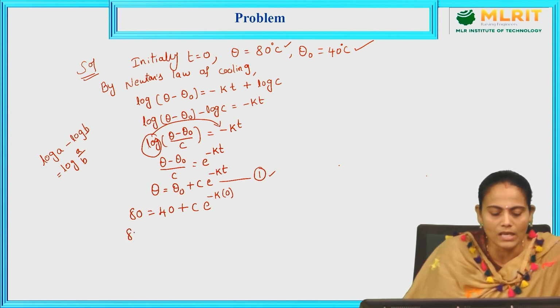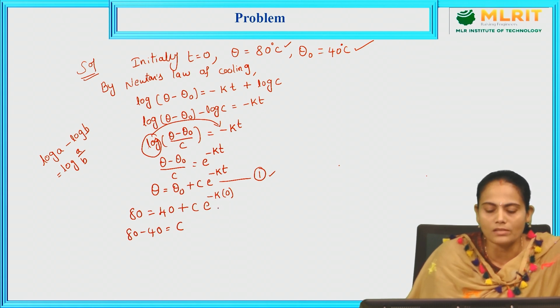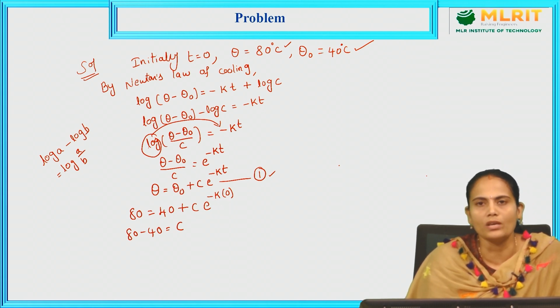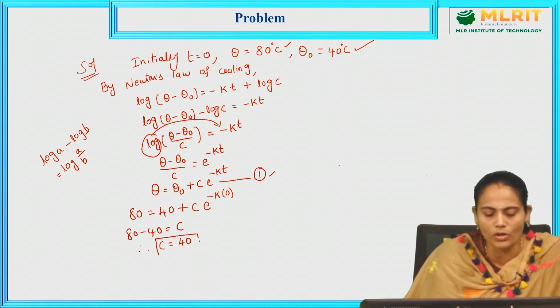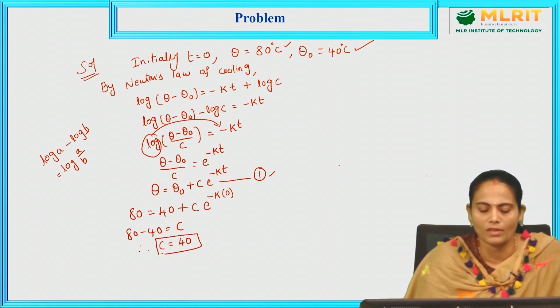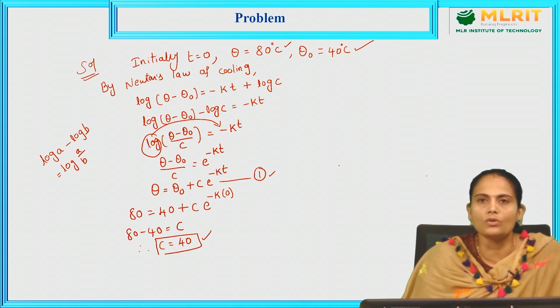So 80 minus 40 is equal to c, since e power minus 0 is 1. Therefore the value of c is equal to 40, because 80 minus 40 is 40.